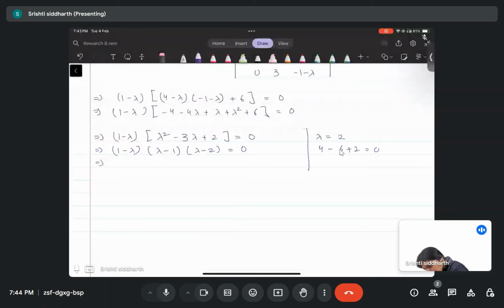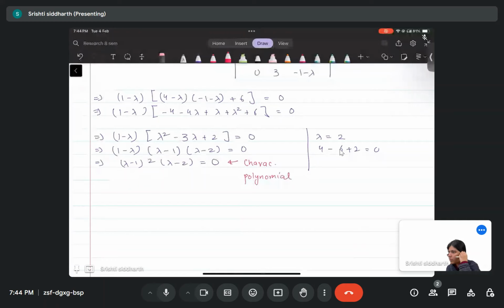So look, this is the characteristic polynomial. We can also expand this and get the expression, but let's keep this in this format.